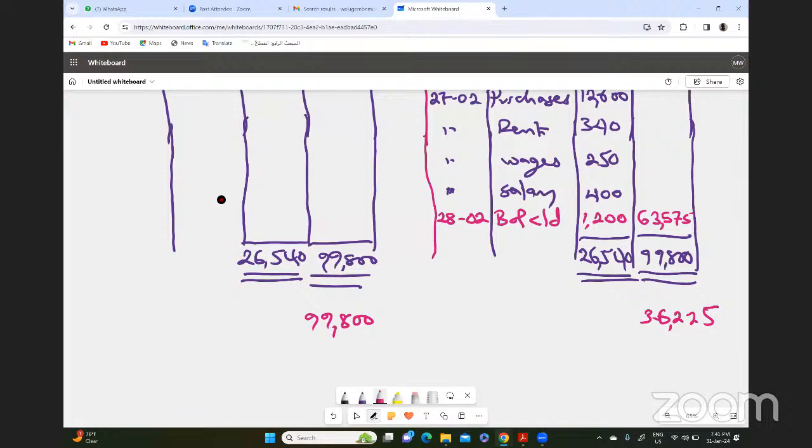And still it is a balance carried down. Now, this is the stage where we start from our number. Assuming now they give you a number for the month of March. They will tell you that they started with cash of 1.2 million and bank of 63,575. Then they give you other transactions.